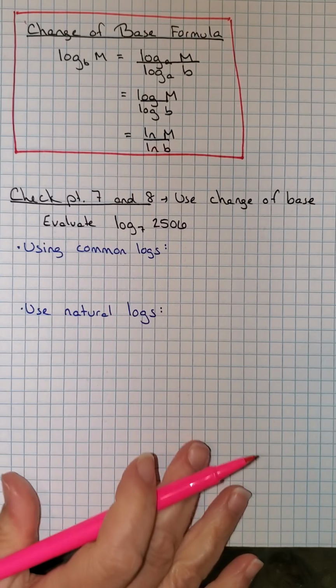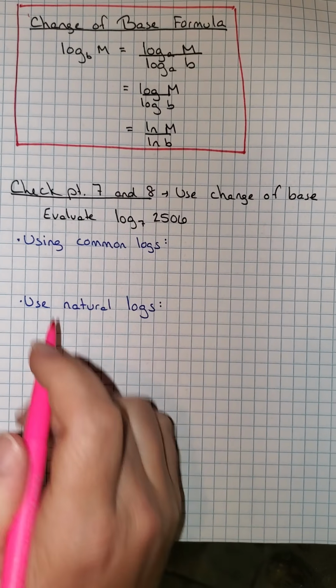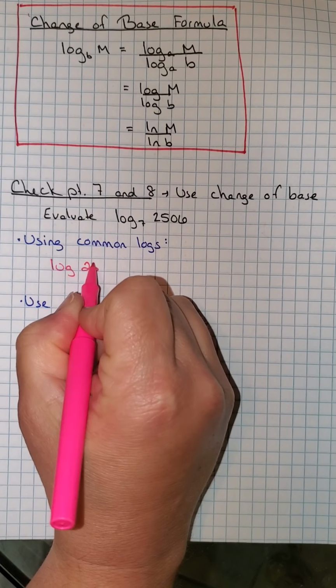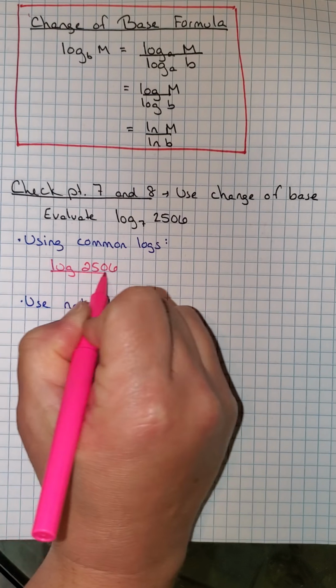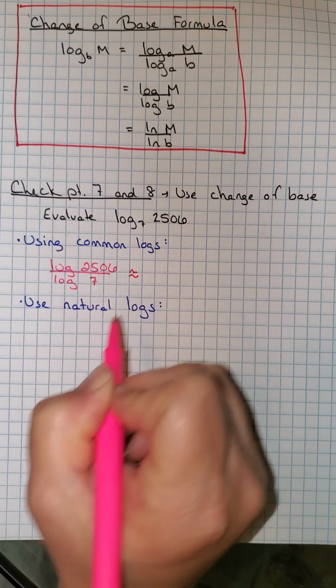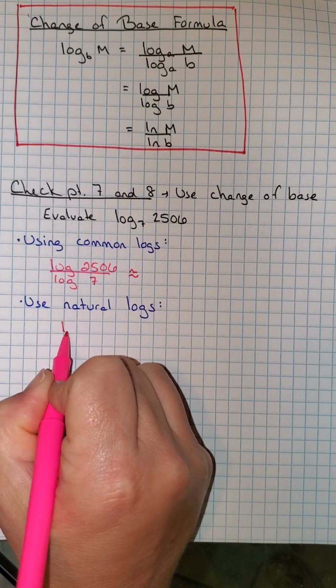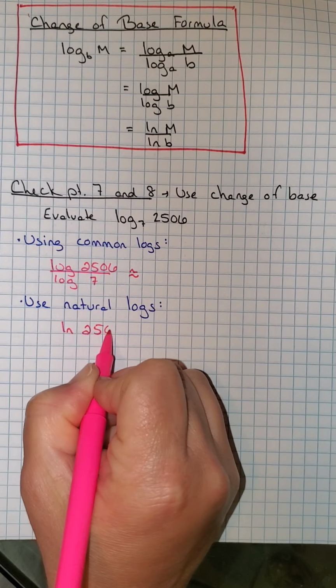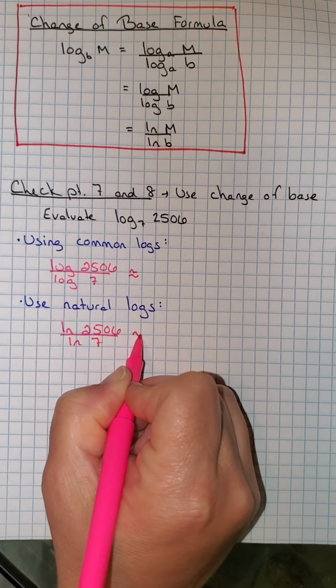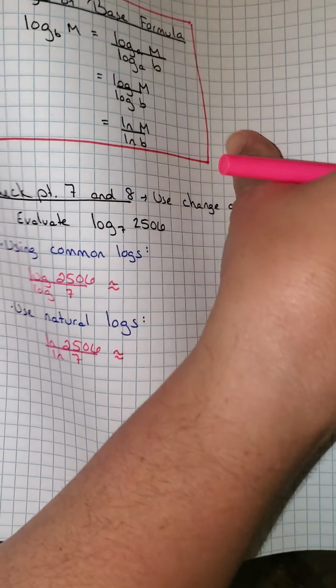So using common logs, that's your base 10, you would just do the log of 2506 over the log of 7. We'll find out what that equals. Using natural logs, you'd have the natural log of 2506 over the natural log of 7. And we'll find out what that is.